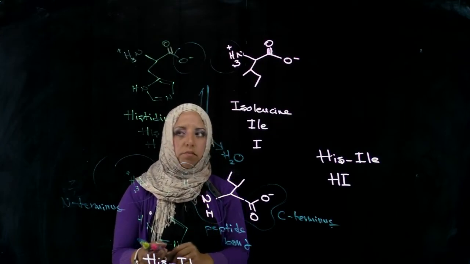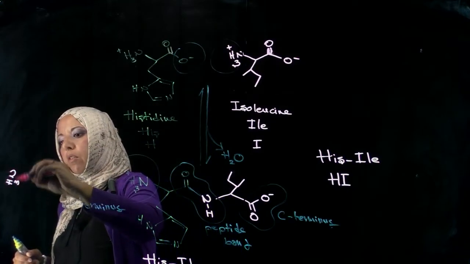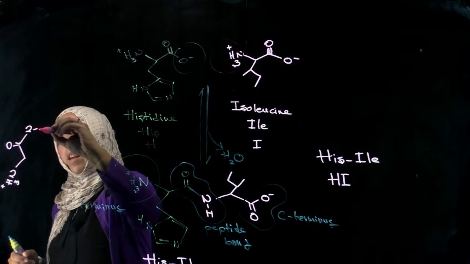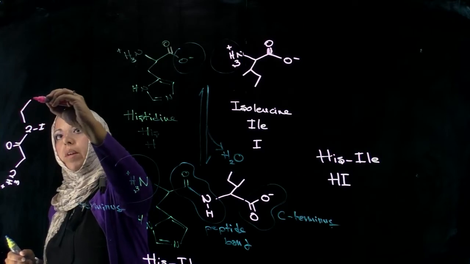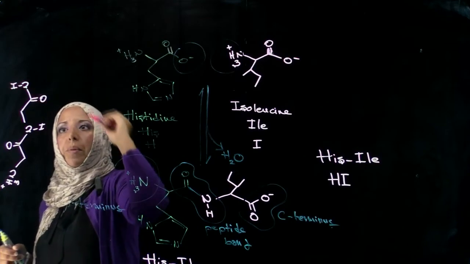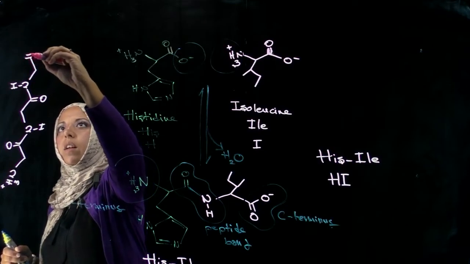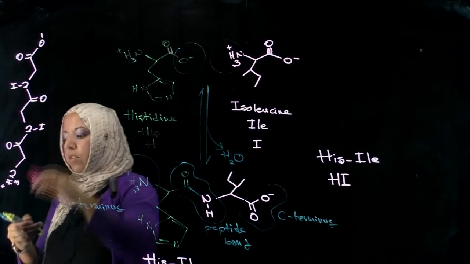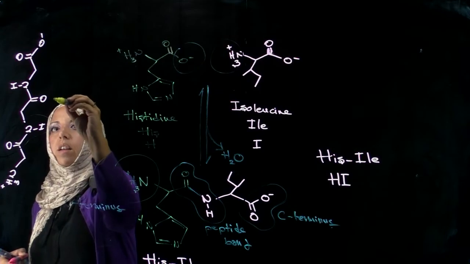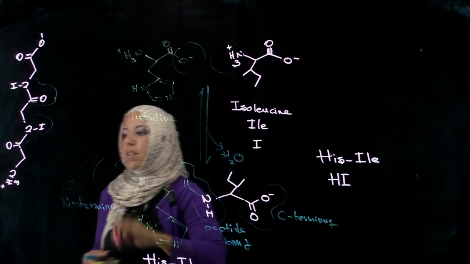In other words, here's an alpha carbon, an amide bond, and then another alpha carbon, and here's an amide bond, and another alpha carbon, and I'm just going to end it right here. Here's one peptide bond, here's another peptide bond. Two peptide bonds mean three amino acids.